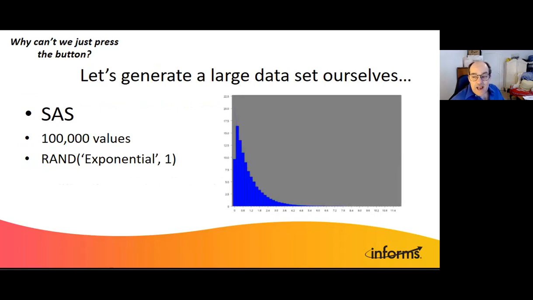So I went into SAS and wrote some code and said, generate 100,000 simulated values from an exponential distribution. Just do it. There's 100,000 values, exponential distribution with a mean of 1. Now I created this data and I know exactly what the source is.